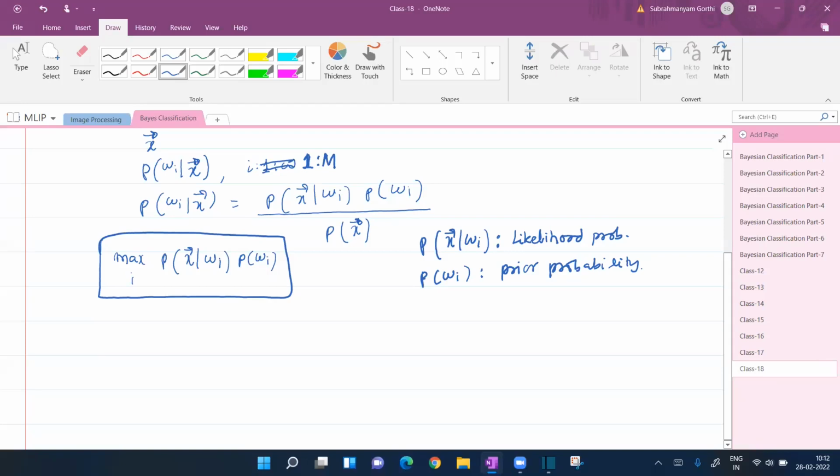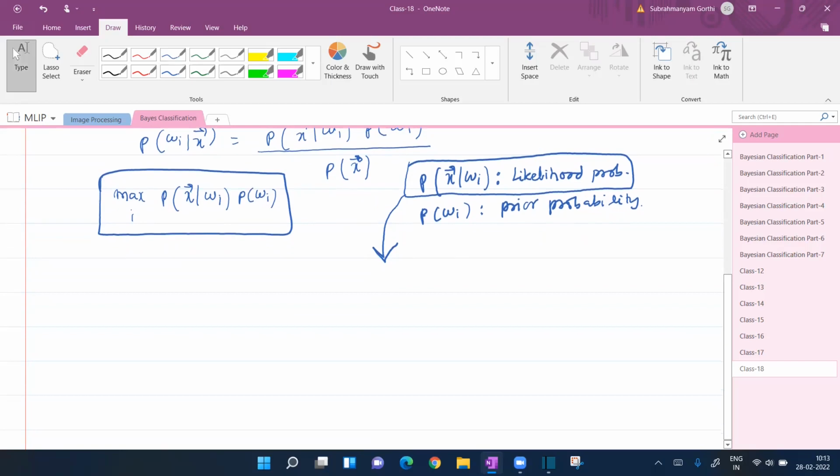Coming back, if it is given that a feature vector belongs to a class omega I, what is the probability of observing this feature vector? That is the likelihood probability. Now, in the rest of this class, we will assume that this has a Gaussian distribution.